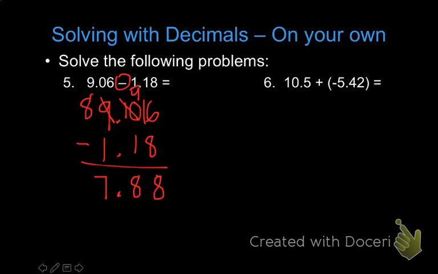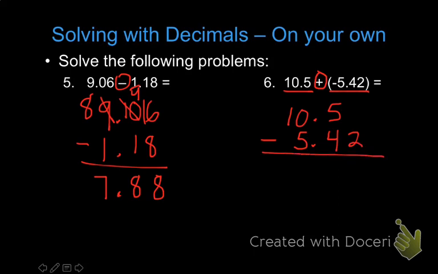In the second problem, number 6, I see that I have a positive and a negative number, and so that tells me that even though this is an adding problem, because I have different signs in those numbers, I'm going to end up subtracting. 10.5 minus 5.42, being very careful to line up those decimals once again.